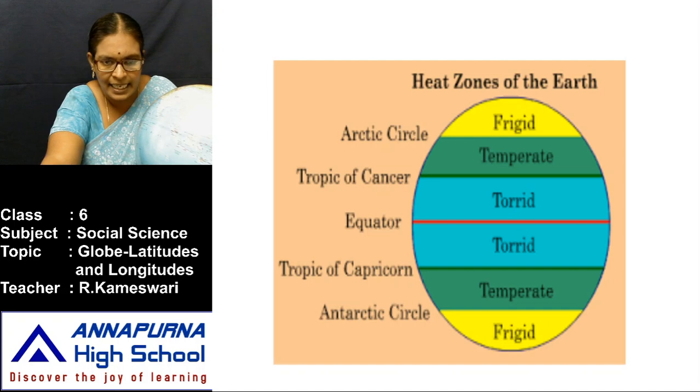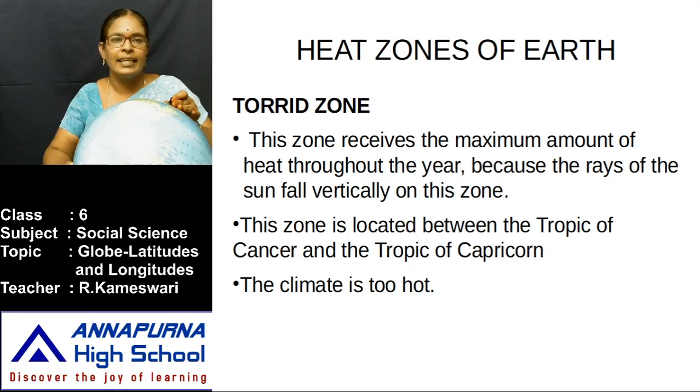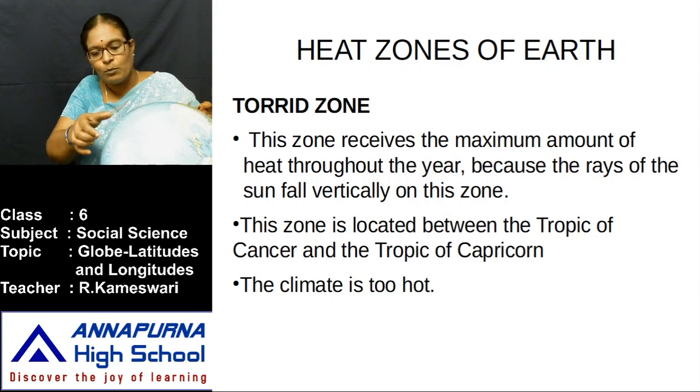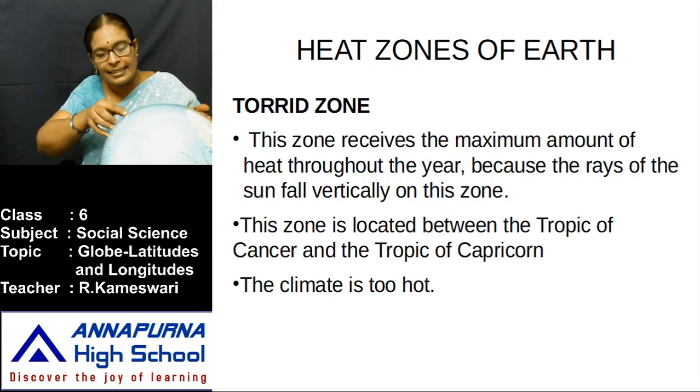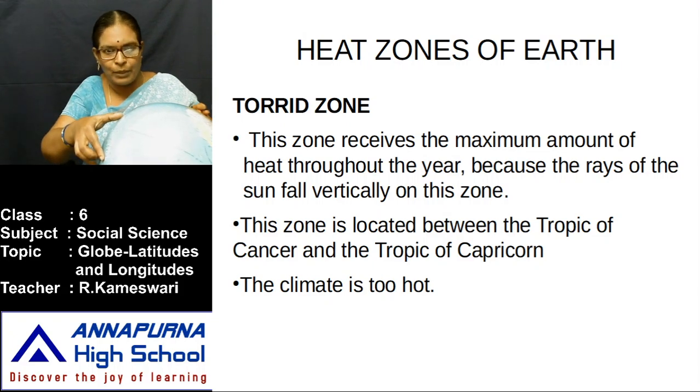Now let us discuss heat zones. The first heat zone is torrid zone. Torrid zone is located on both sides of the equator, from Tropic of Cancer to Tropic of Capricorn. This zone receives the maximum amount of heat throughout the year, because the sun rays fall vertically, straight on this zone every day.